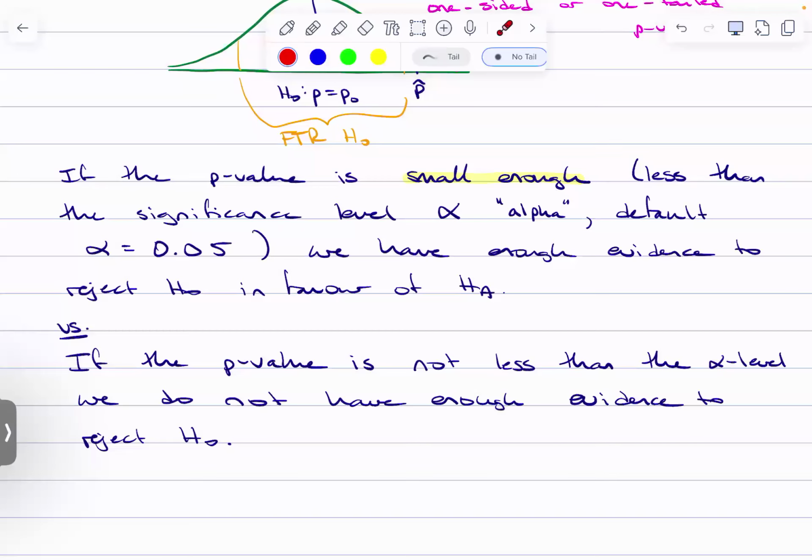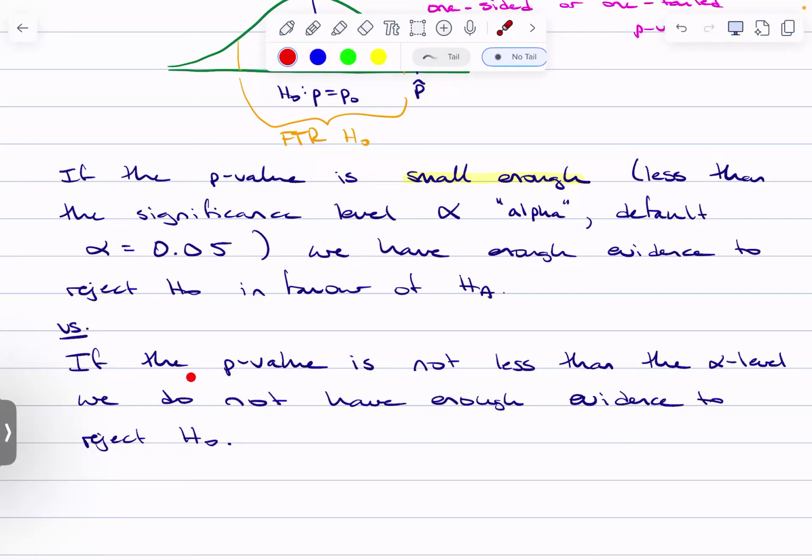If you compare these two sentences, one is just the negated version of the first one, right? So if the p-value is less than the alpha level, then we have enough evidence to reject H naught. And if you're rejecting it, you should say in favor of what, but you can stop there if you want.